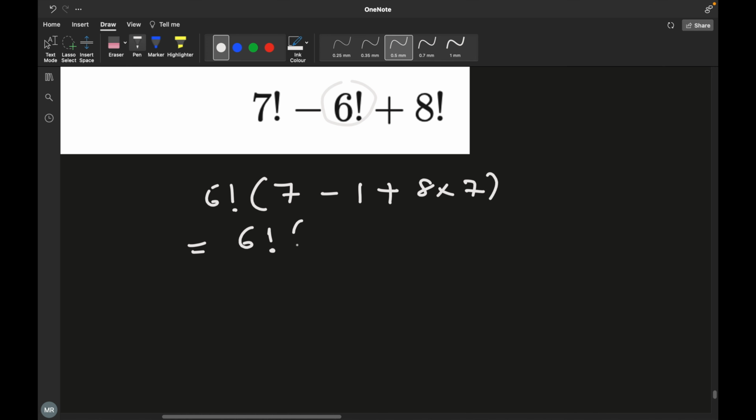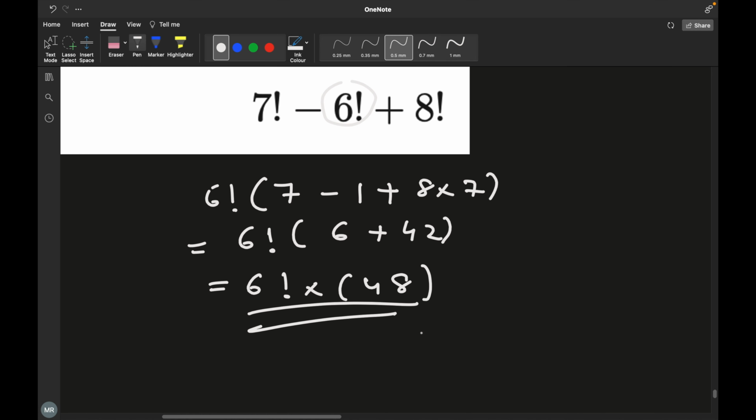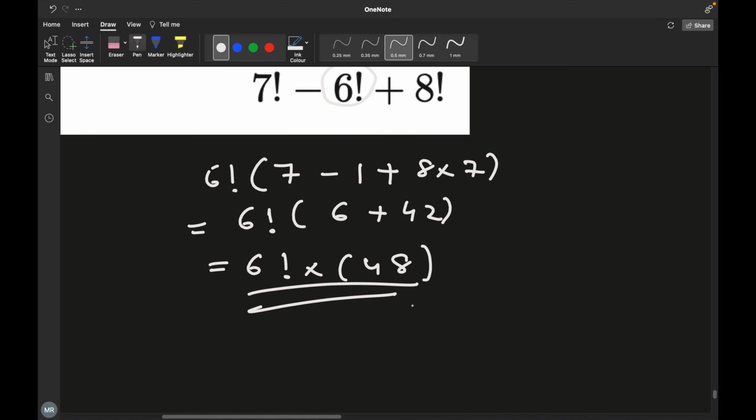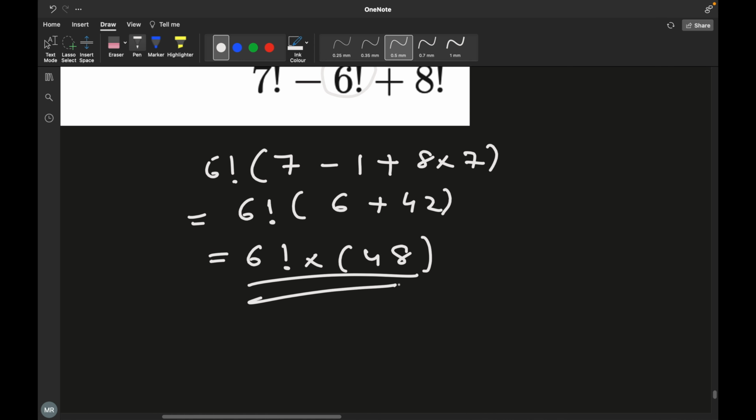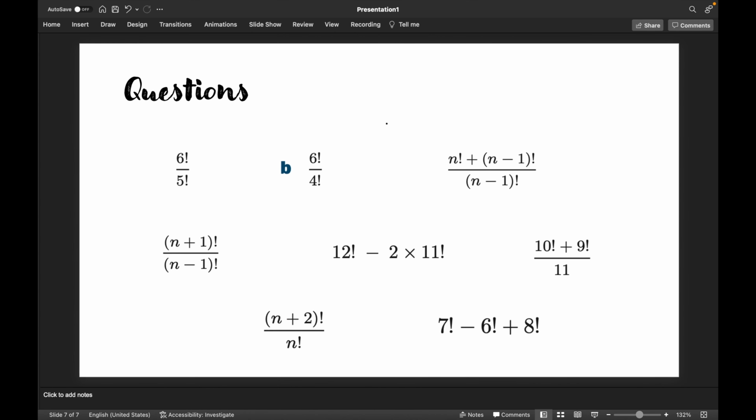That's 6 factorial into 6 plus 42, which is 6 factorial into 48. This is all we can do with this. And so we're done with all of these questions.